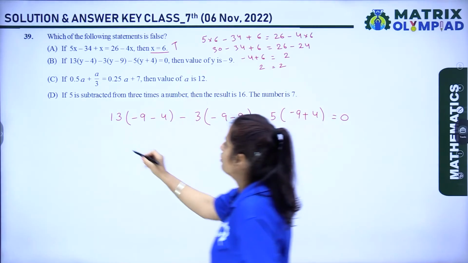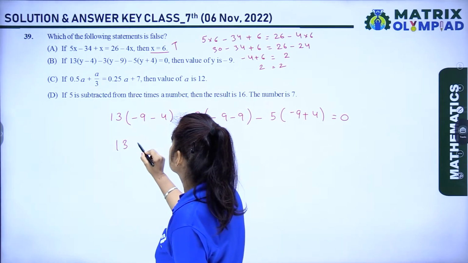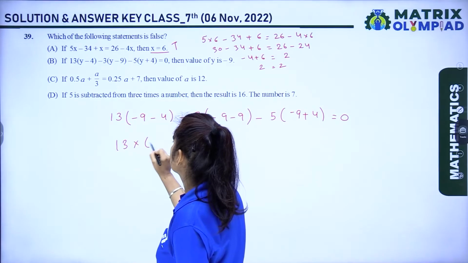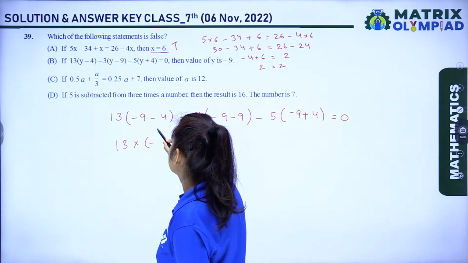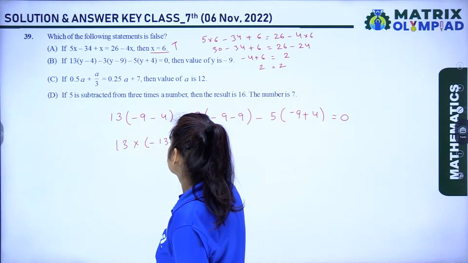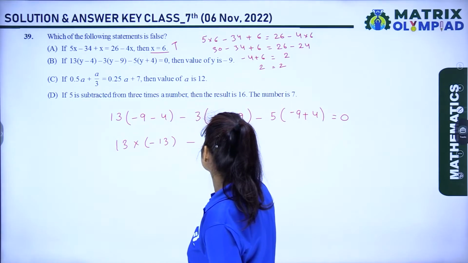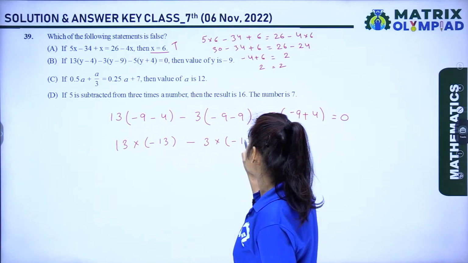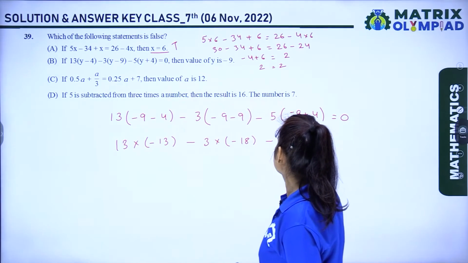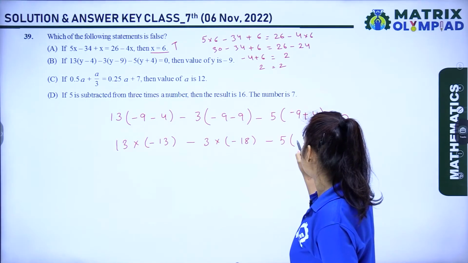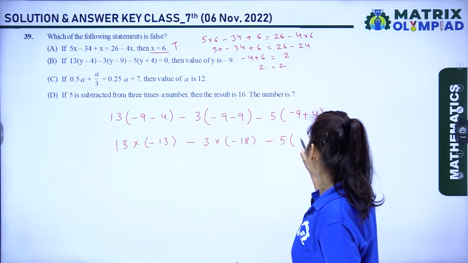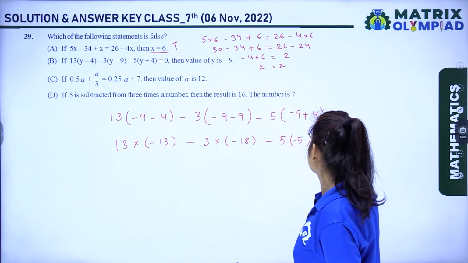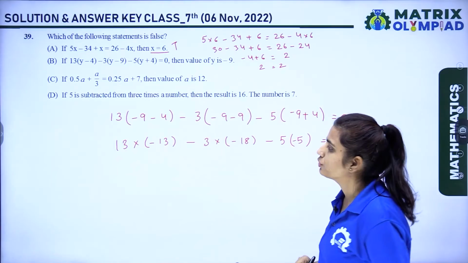Let's solve this question. 13 multiply by negative 13 minus 3 multiply by negative 18 minus by negative 5, that is equal to 0.